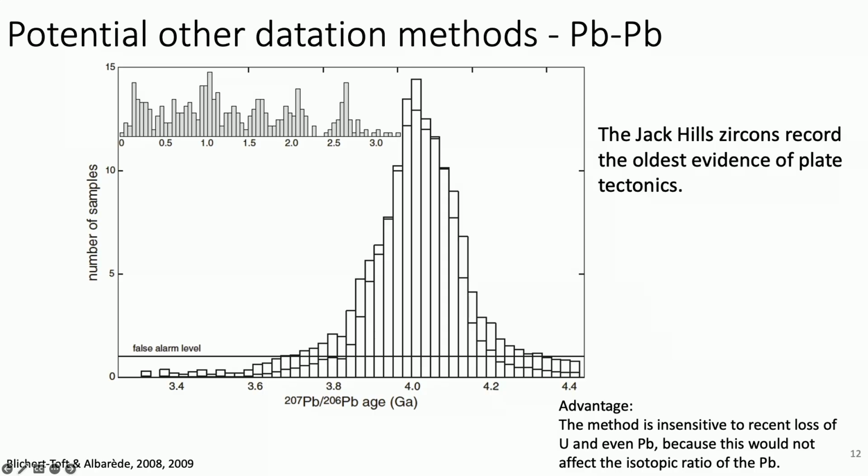So the lead-lead ratio does not change as a function of time, so it's independent. Here it's a large compilation. Francis Albarède and Janne Blichert-Toft worked a lot on this. That's a large compilation of zircons whose ages have been measured through this lead-lead age, and that is compared with the evolution. That's all the record from 3 billion years old here to present day.